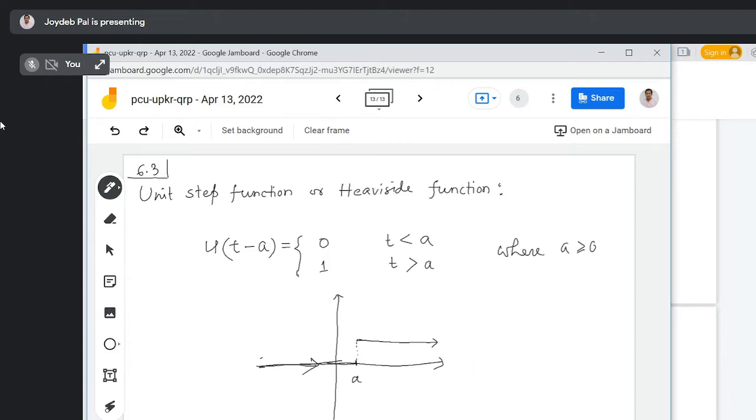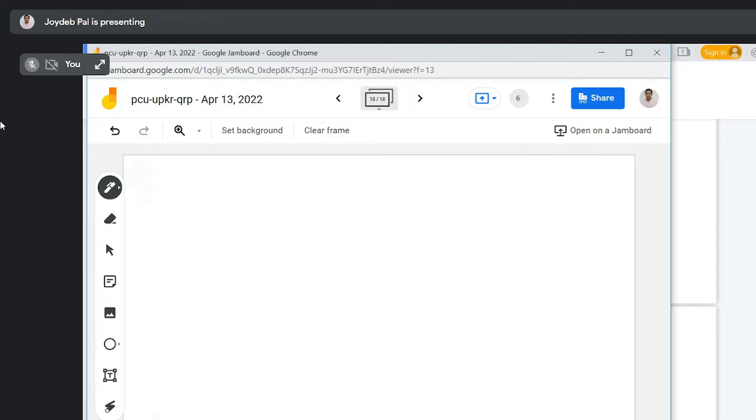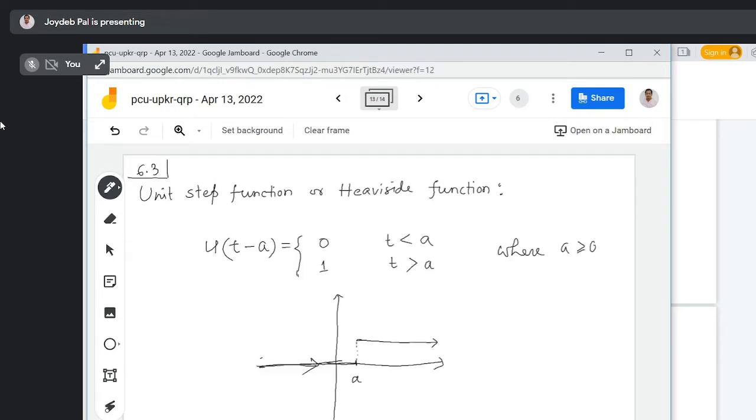Okay, now a specialized case is whenever a is equal to 0. If we take a equal to 0, then it is u(t), so what will be the definition? u(t) is 0 whenever t is less than 0, and 1 whenever t is greater than 0, right? That is a particular case of this.